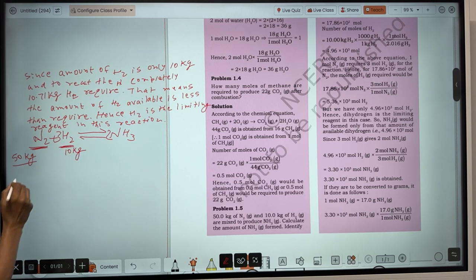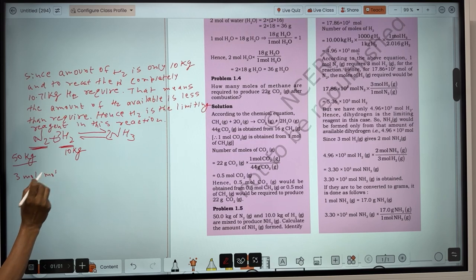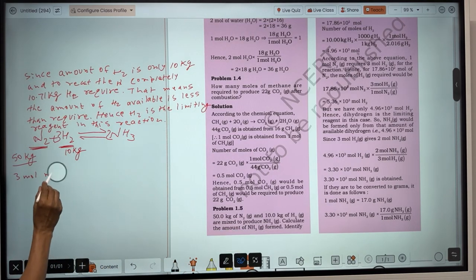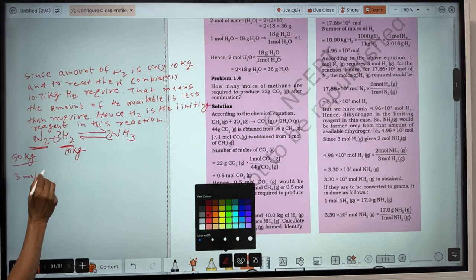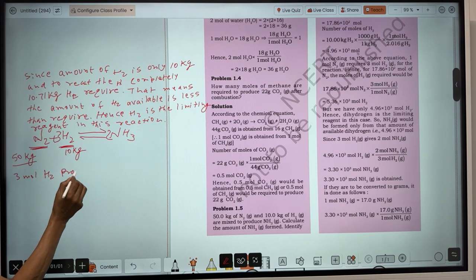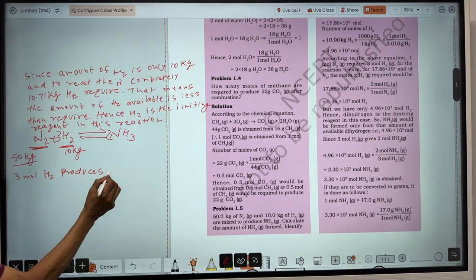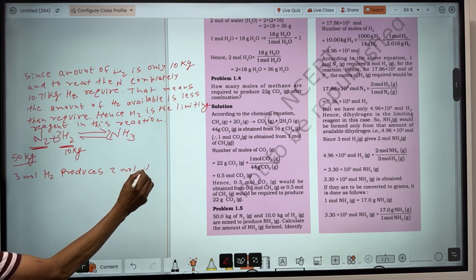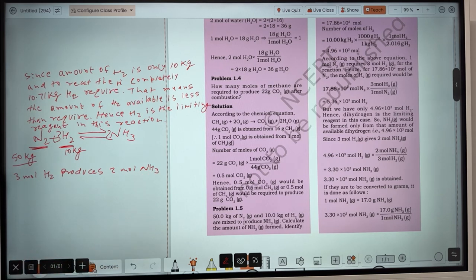Here 3 mole hydrogen. Three mole means how much? 3 into 2, because hydrogen molecular weight is 2.